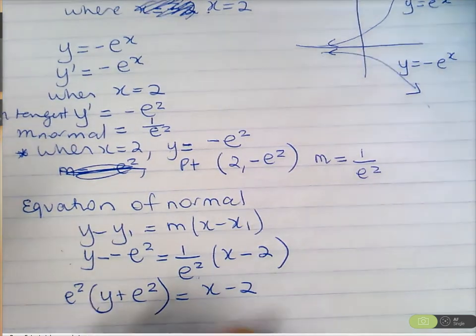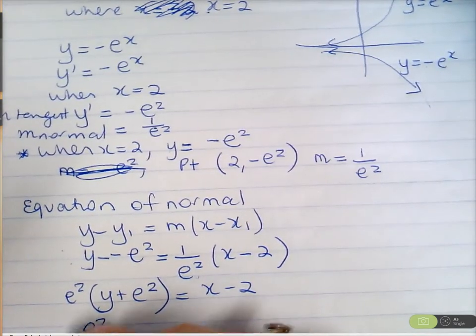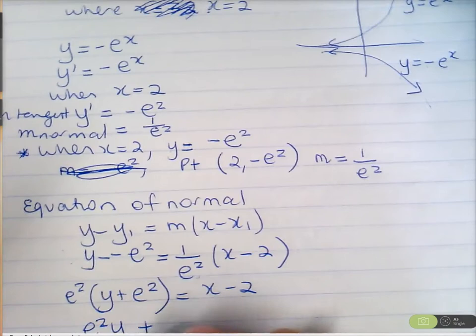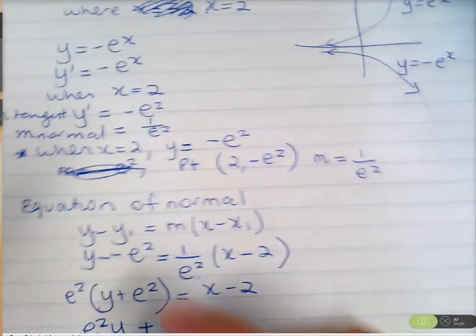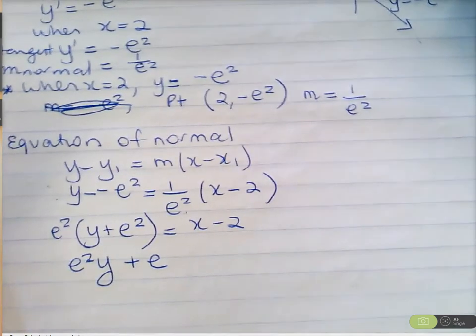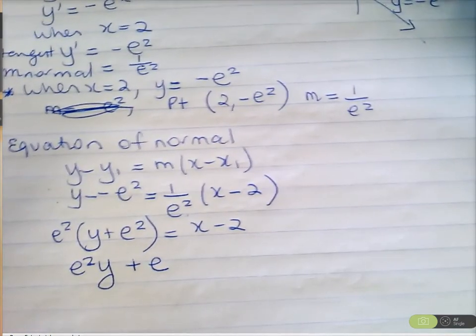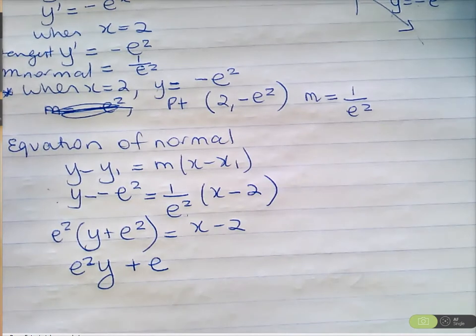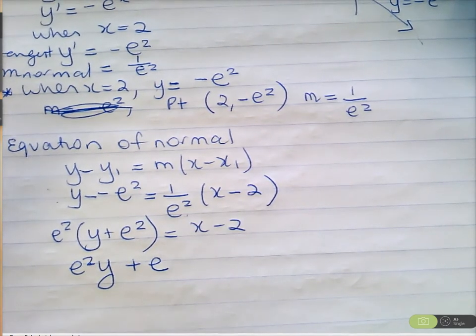All right? So I've got e squared y. Remember, e is just a number, so I'm going to put it in front of the y. Why put the x before the e squared? Does it matter if it's e squared y or y e squared? Oh, when it's a number, see, no, I put the x in front of e to the x, not in front of e squared. e squared's a number.